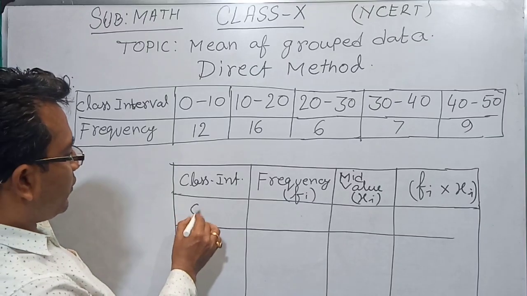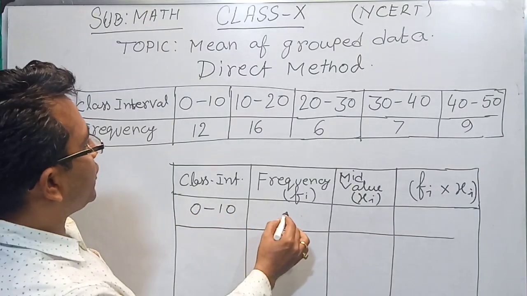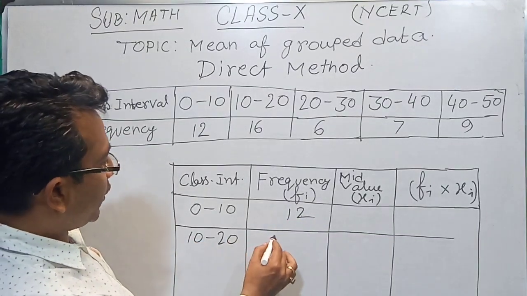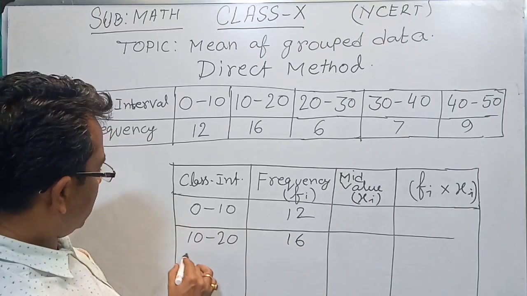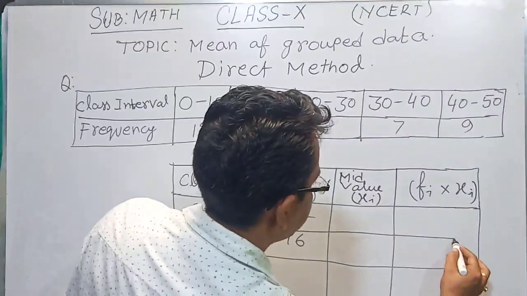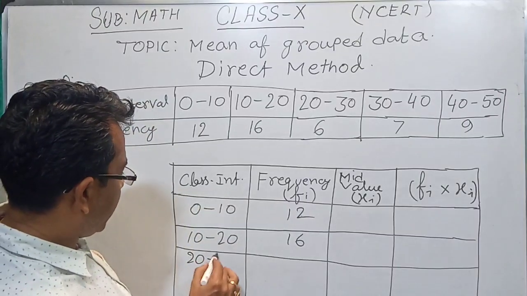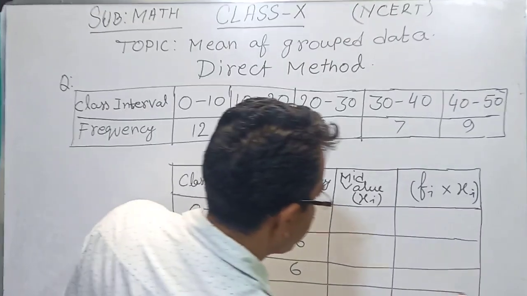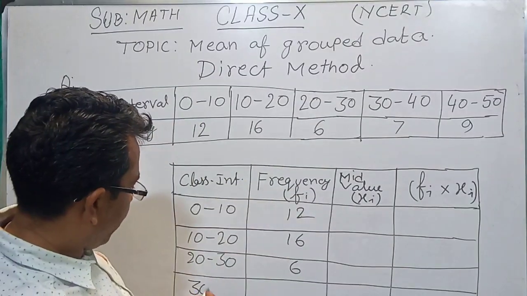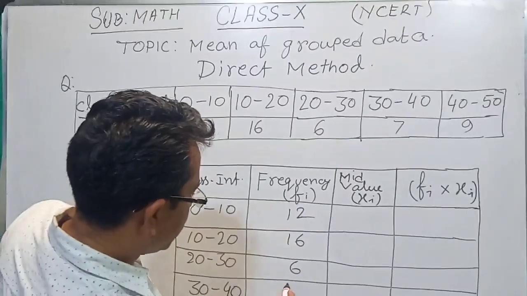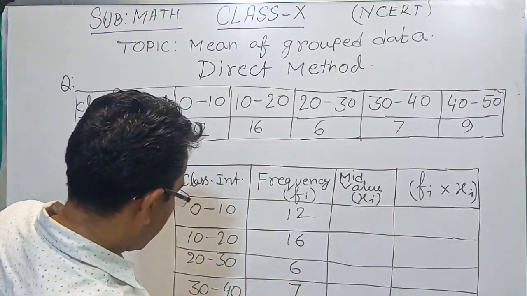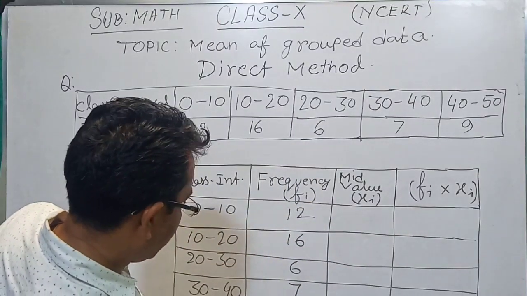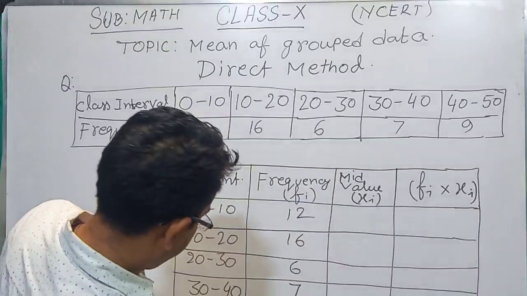That is 0 to 10, frequency 12; 10 to 20, frequency 16; 20 to 30, frequency 6; 30 to 40, frequency 7; and last, 40 to 50, frequency 9.